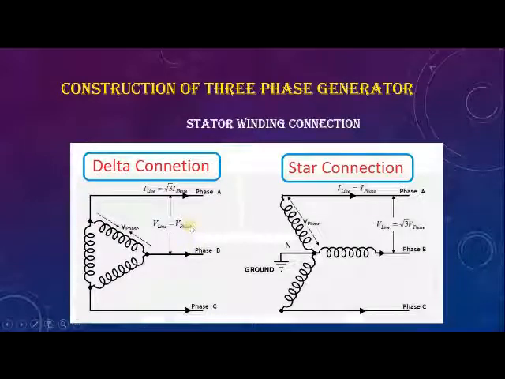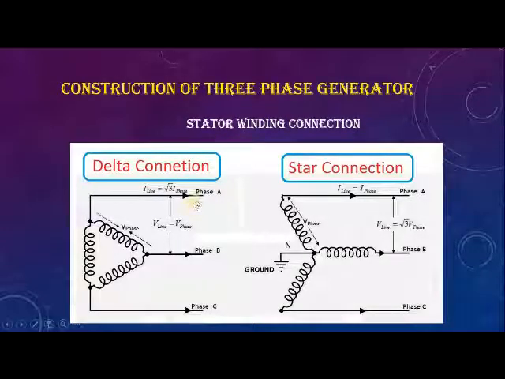So now here in this delta connection, or in a 3-phase connection, when you refer to voltage, there are 2 voltages. One is the line voltage, another one is the phase voltage. Line voltage is the voltage measured between 2 phase conductors.